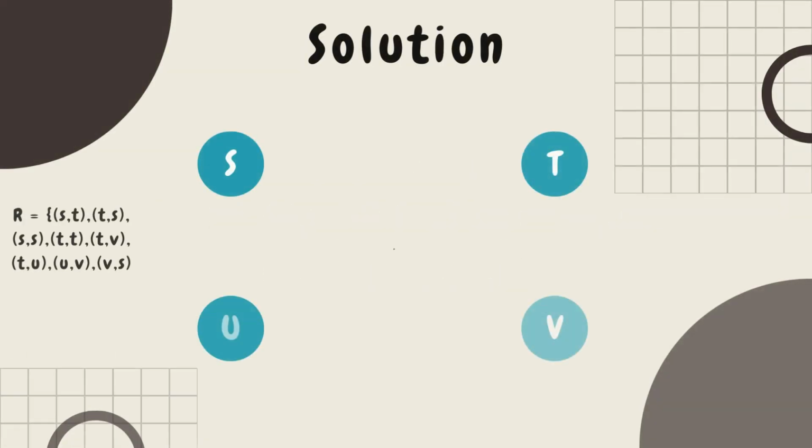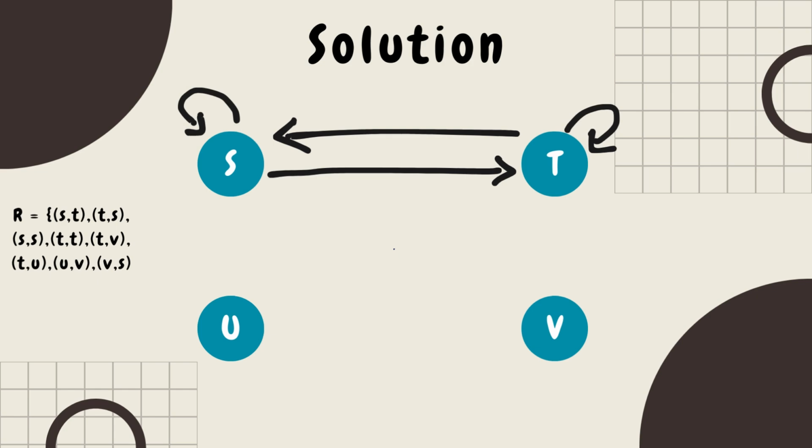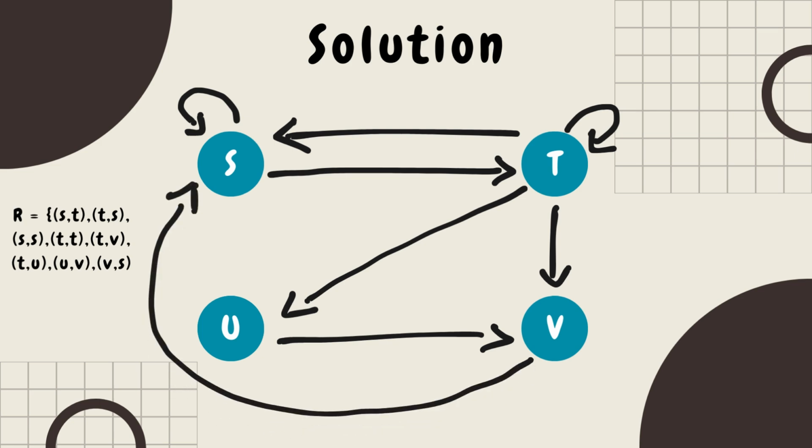The solution to the example above is S relates to T, T relates to S, S relates to itself, T relates to itself, T relates to V, T relates to U, U relates to V, and V relates to S.